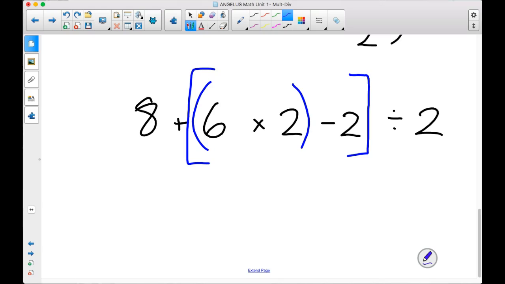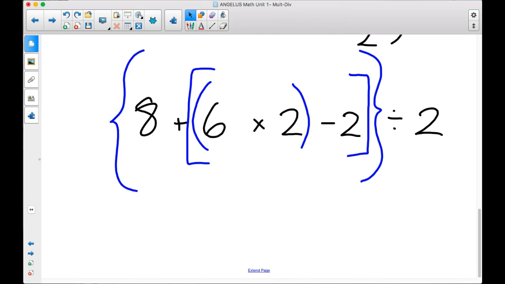I'm going to put the brace here and the brace here. Right? So we've got three kinds of groups built on each other, but which one do I have to start with? What do I have to start with?